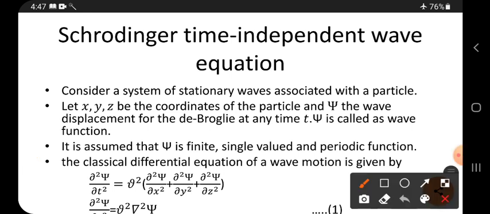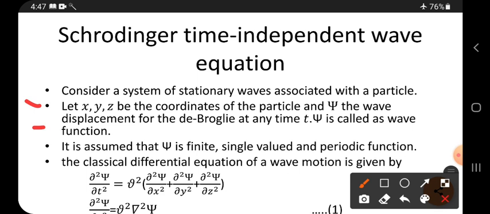The next, let x, y, z be the coordinates of the particle and psi the wave displacement for the de Broglie wave at any time t, and psi is called the wave function.